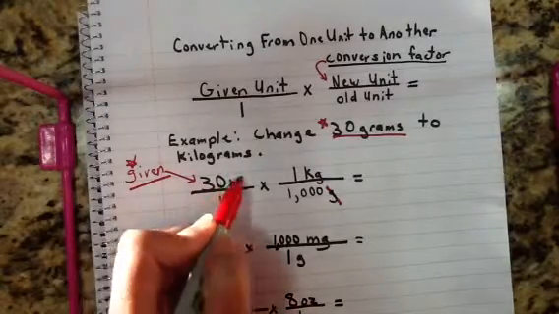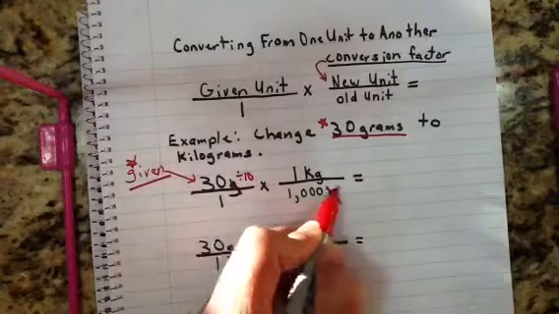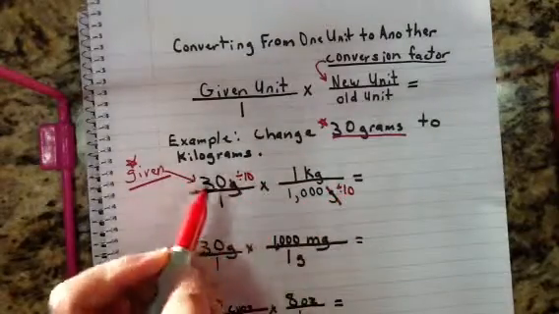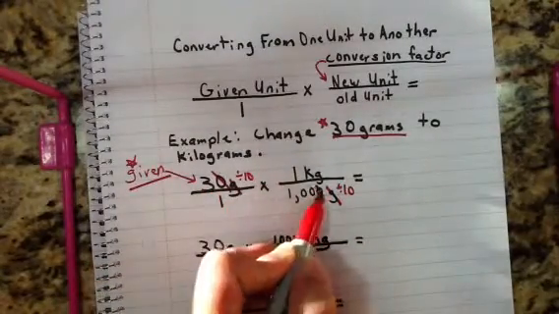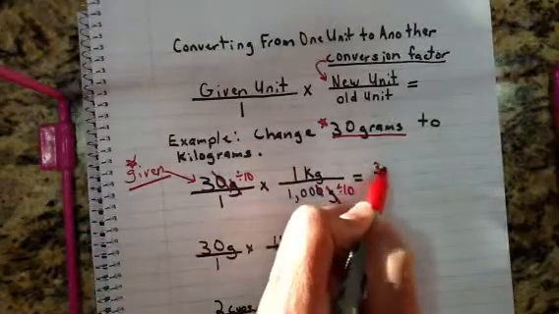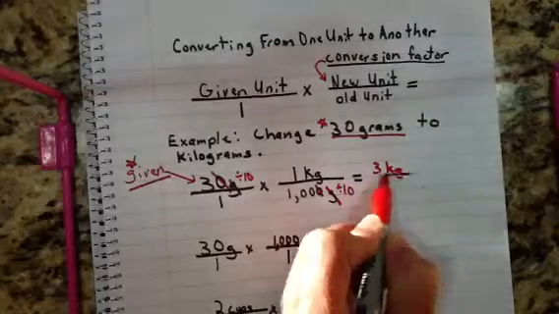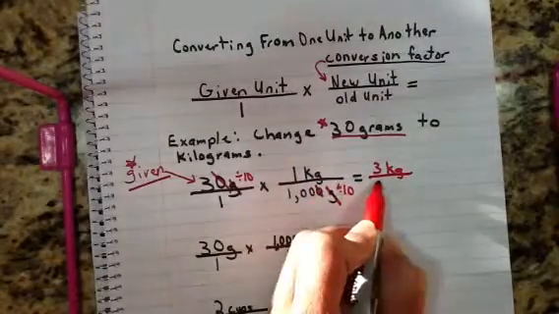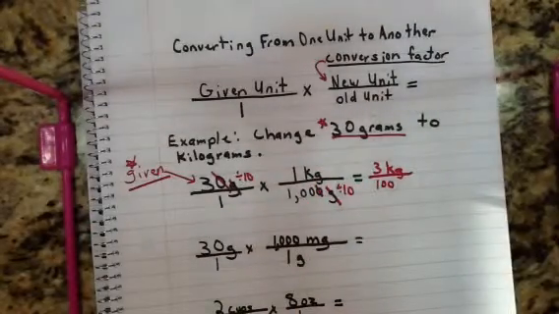I can also reduce, dividing by 10 here, dividing by 10 here. That gets rid of one of the zeros. So as I multiply across, I'd end up with 3 kilograms divided by 100.